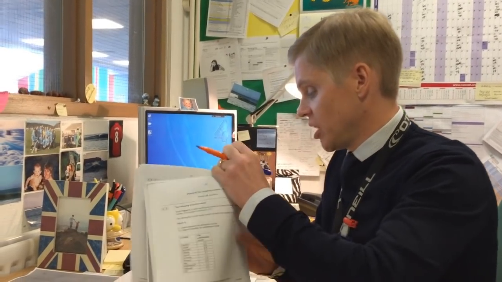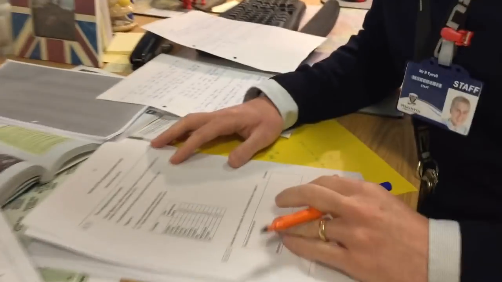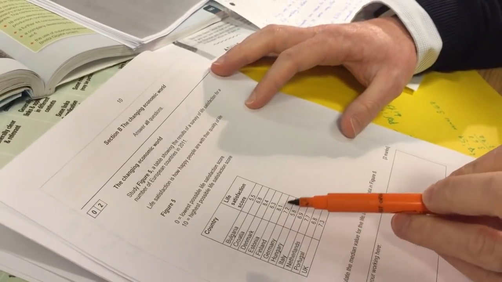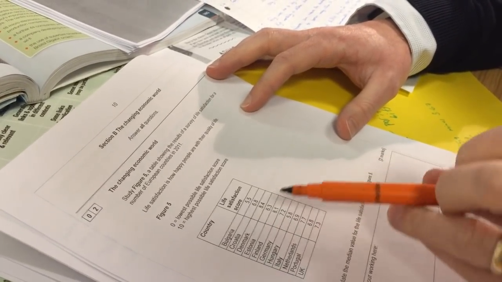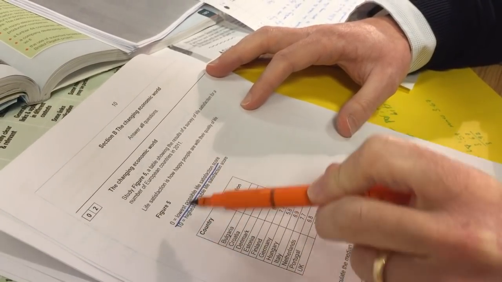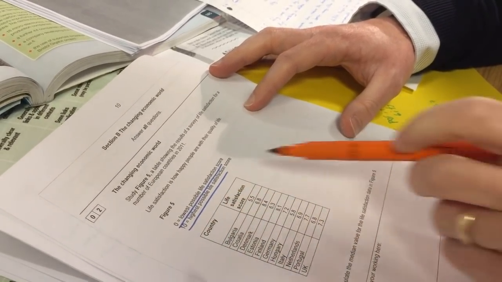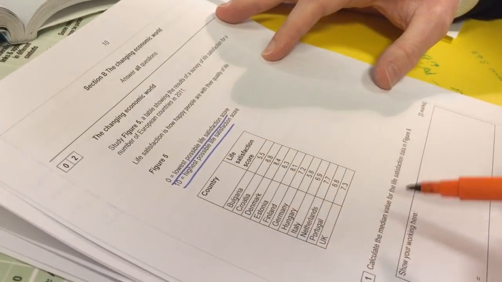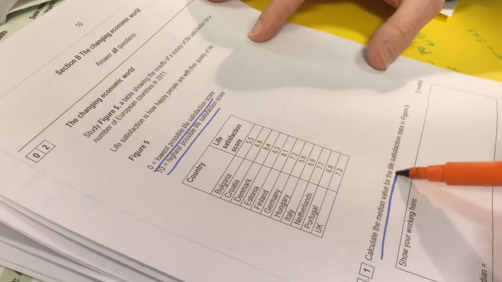Right, okay, so changing economic world, 10 questions. We start with a figure, a table, where we have to rank countries from life satisfaction score, so 0 satisfaction score to 10. And the question is asking us to calculate the median value here.